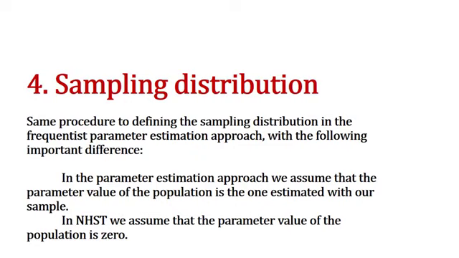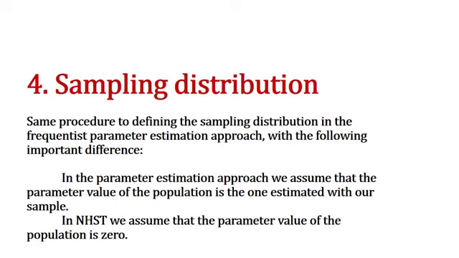So if in our sample we obtain a beta 1 of 0.6, then we assume that in the population 0.6 is the actual value, and then we do a sampling distribution starting from that point. Now, in NHST, we assume that the parameter value of the population is 0, or the one, as I told you before, it doesn't have to be 0, but it could be another predetermined value.